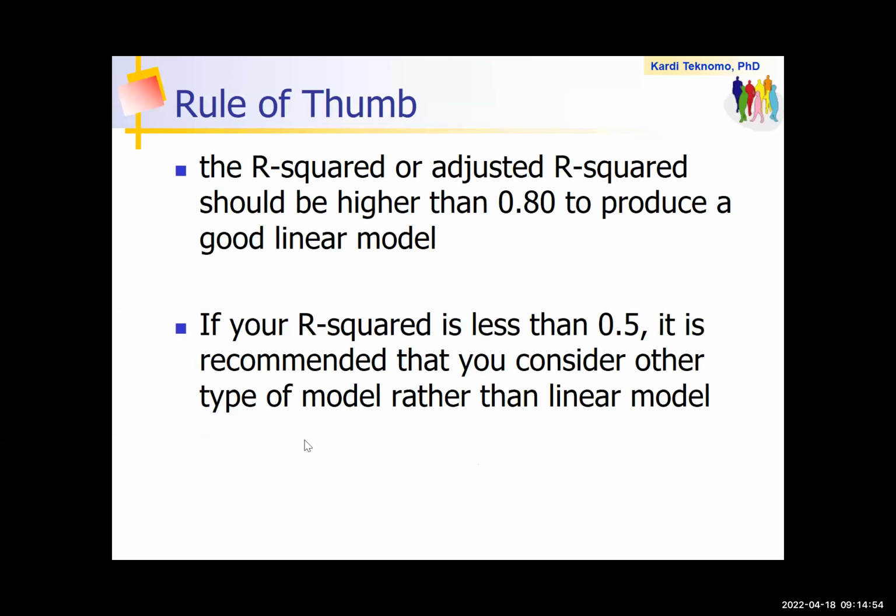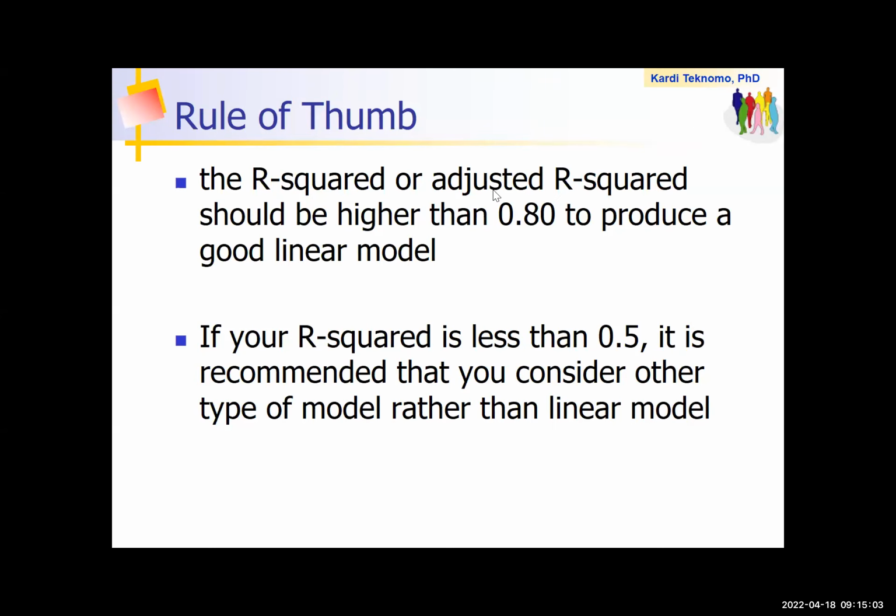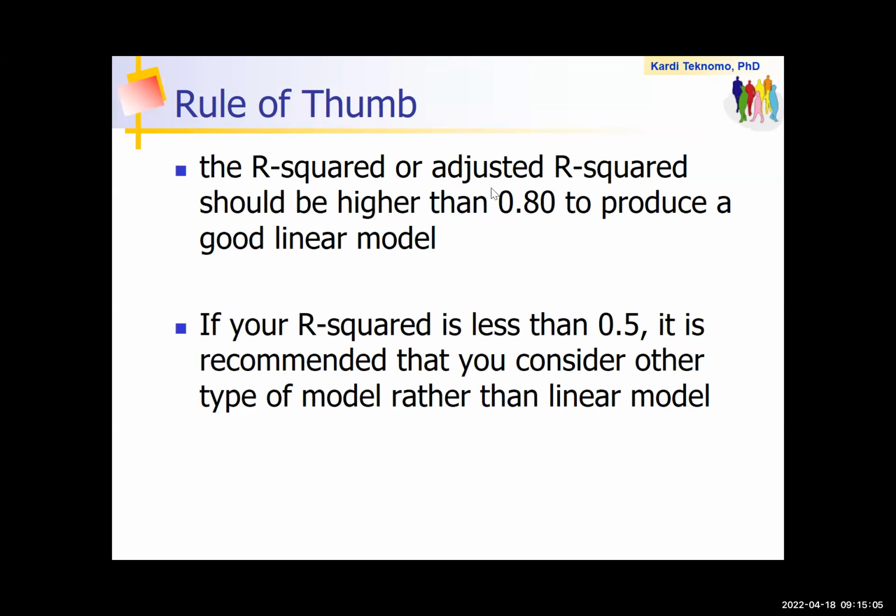Next. Yeah, the same thing. The R square or the adjusted R square must be higher than 0.8. If your R square is less than 0.5, then you probably want to try another model rather than a linear model.